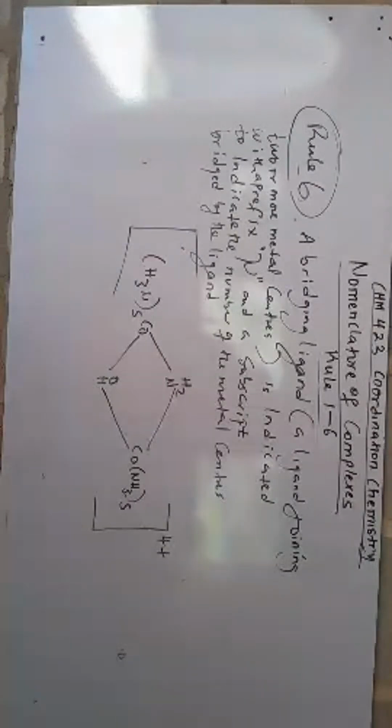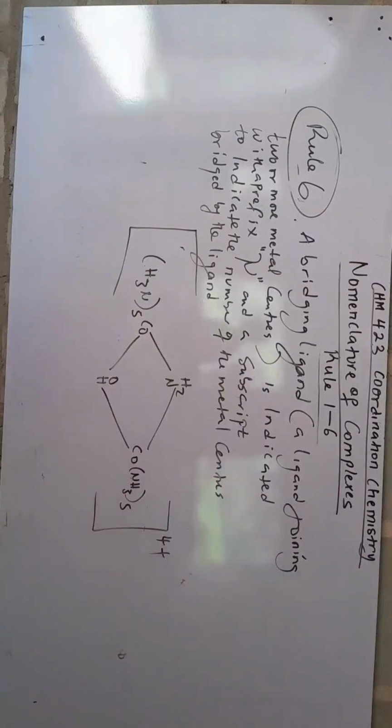I can now use the rule to name the compound. So in order to use the rule to name the compound, this is what we have to do there. We have to follow the alphabetical order. So among those that we have there, the one that comes first is the ammine. Take note of that, as you can see on board.